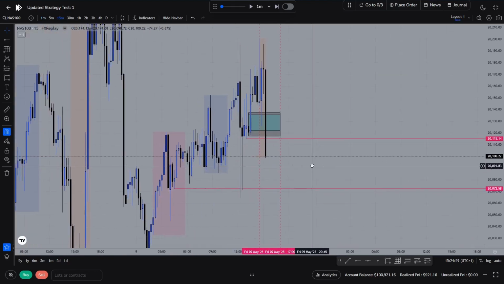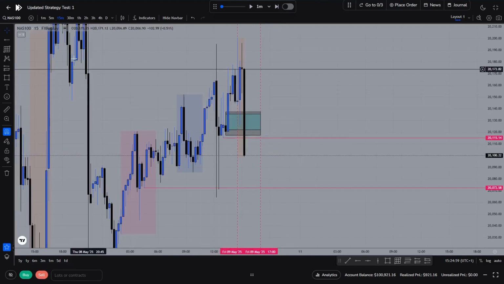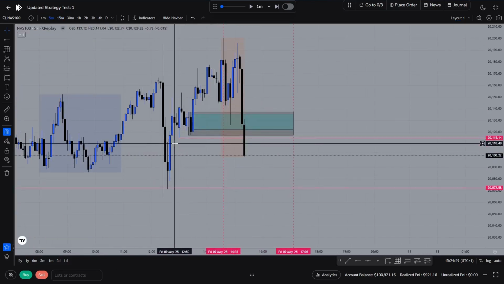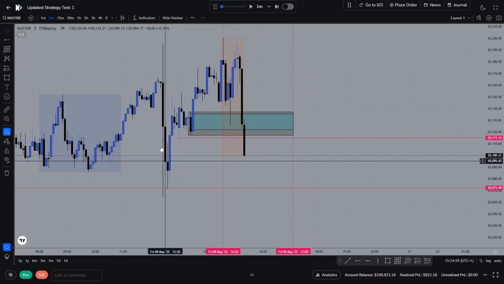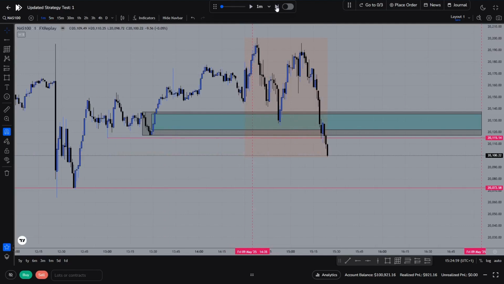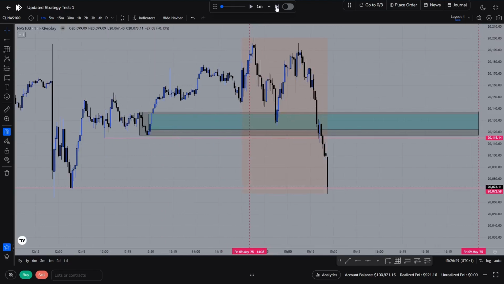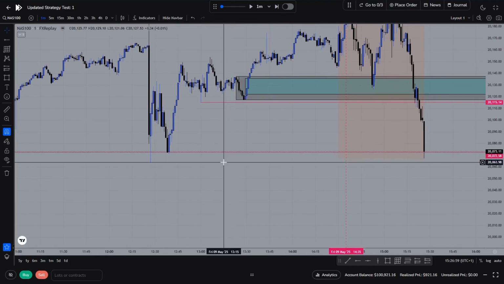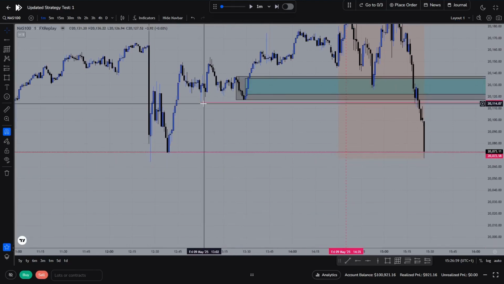1 minute. 5 minute. I mean, considering this an order block, I have no idea. This price action did not make sense to me. Coming back for this though, I think.